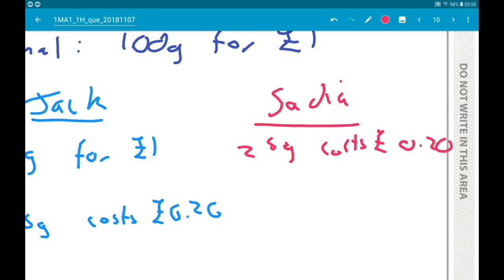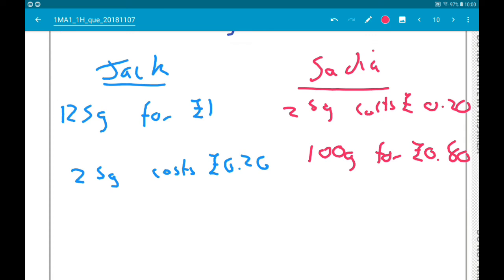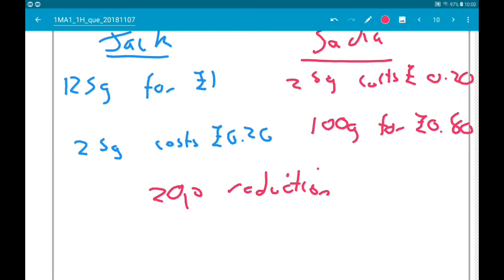Now she's going to have 100 grams in her box, so if we multiply that by 4, 100 grams has to cost 80p. Now that then is a 20p reduction, which then has been a reduction of 20%.